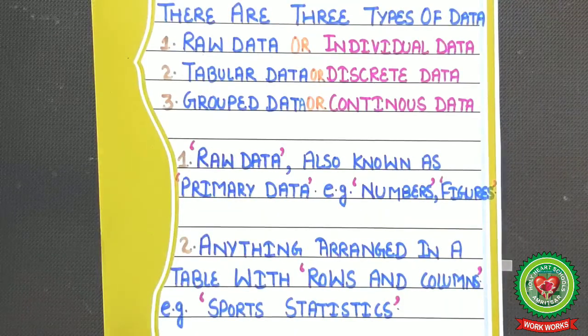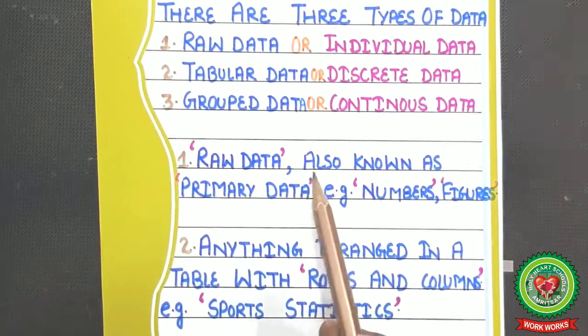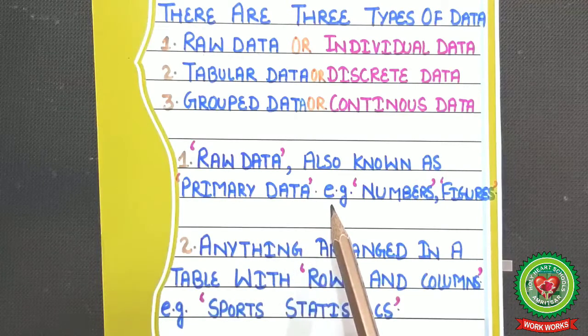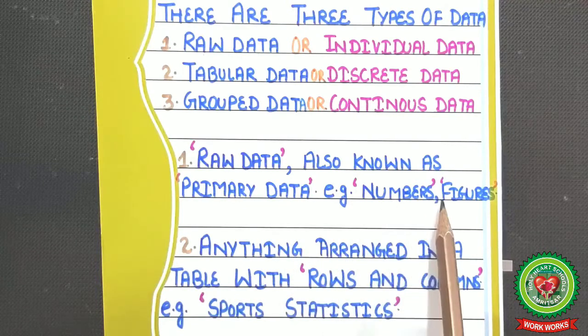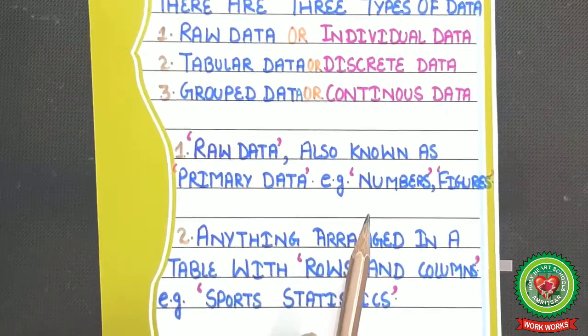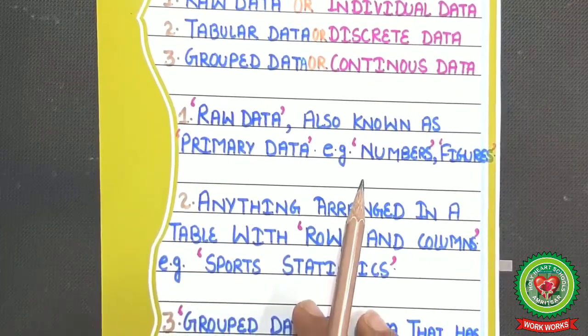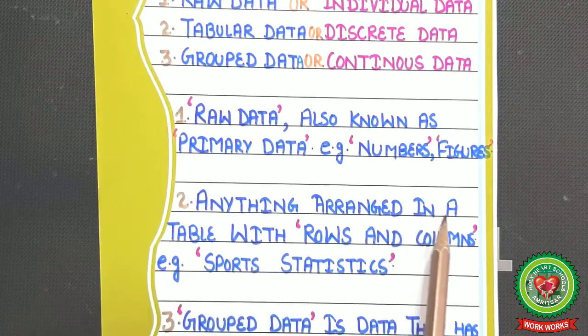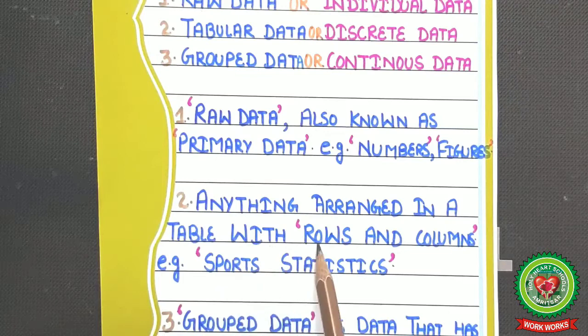Now, let us understand what is raw data. Raw data is also known as primary data. For example, numbers and figures. Now, what is tabular data? Tabular data is anything arranged in a table with rows and columns.